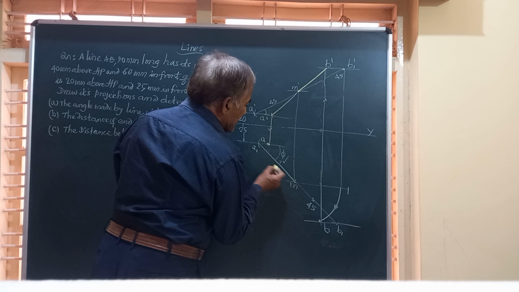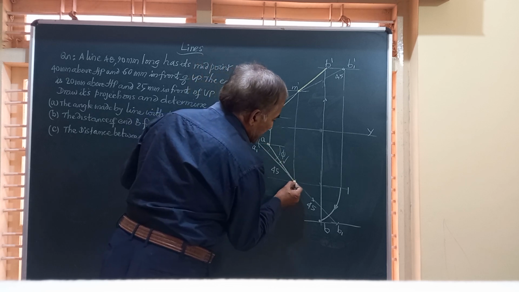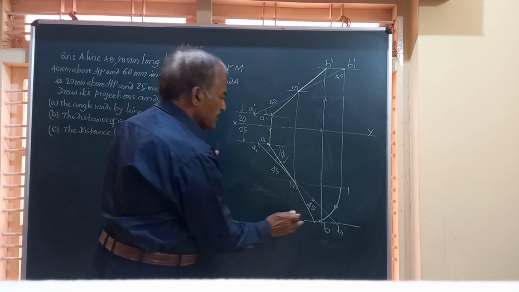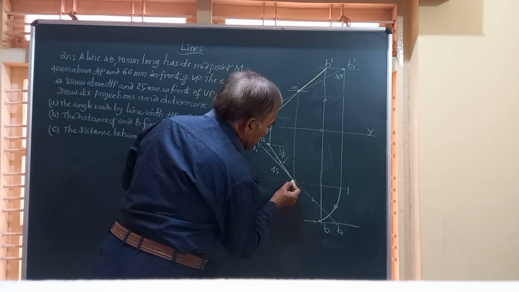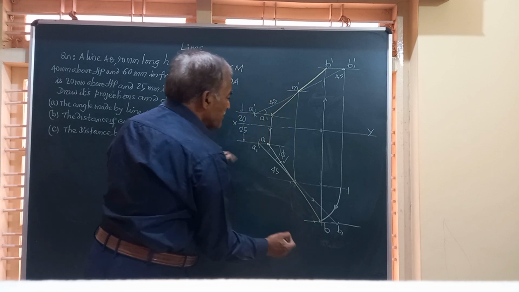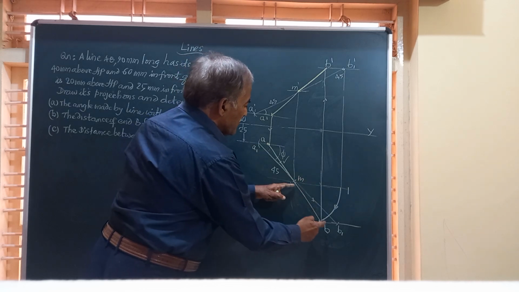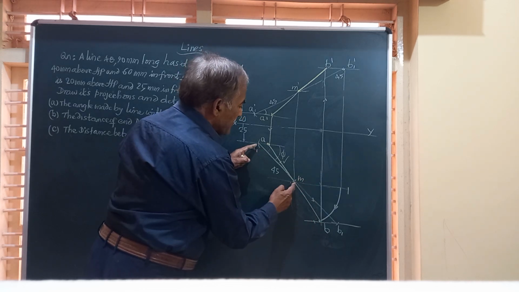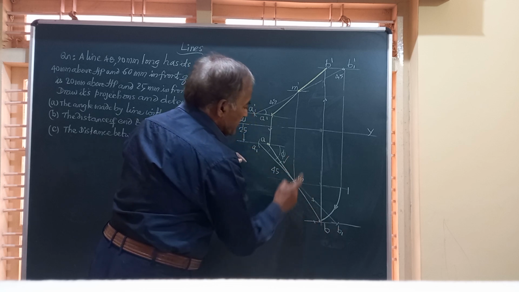Join A and M, further extend it downward. So friends, this when extended downward should meet this B. So remember friends, this AM is equal to MB, A1M is equal to MB1. These two will be same.